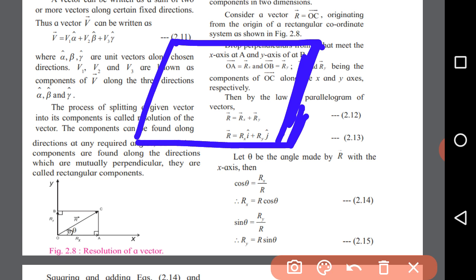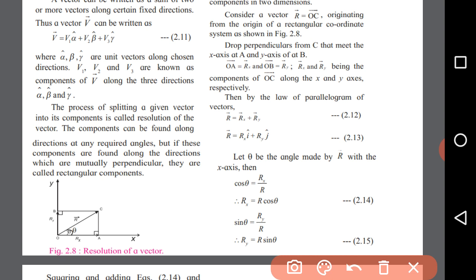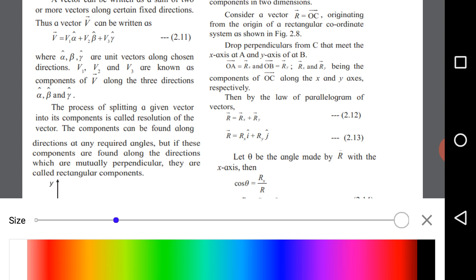So this is a special case of the parallelogram. When the angle between two sides is 90 degrees, the components are mutually perpendicular and are called rectangular components.